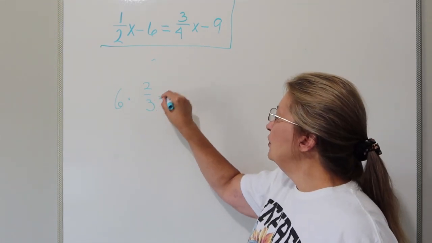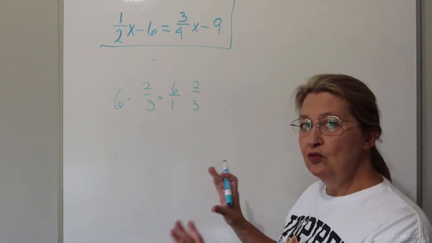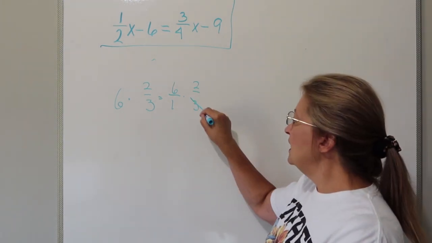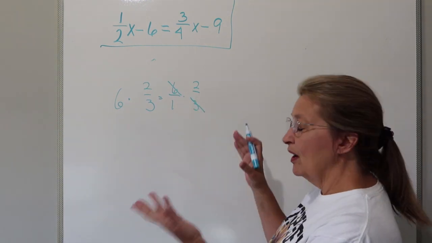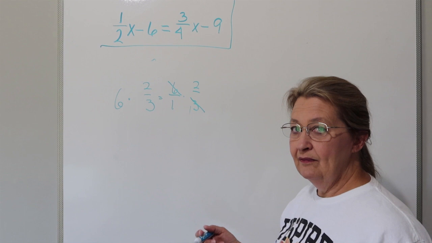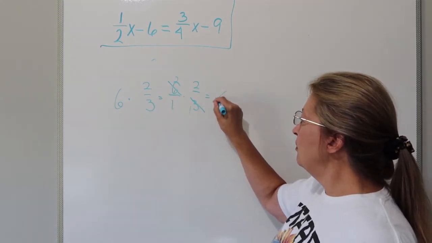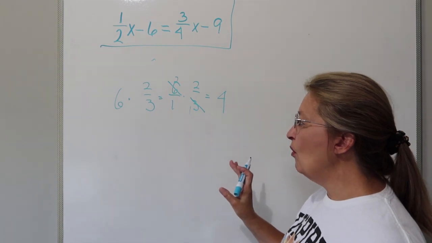All right, you're going to wind up with 6 over 1 times 2/3. You can still reduce this down. 3 and 6, both of them can be divided by 3. 3 divided by 3 is 1. 6 divided by 3 is 2. Now you would multiply across the top and get 4.